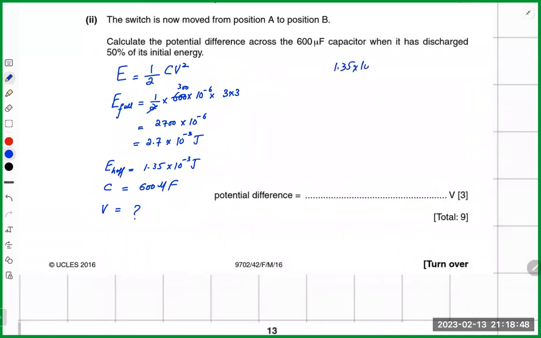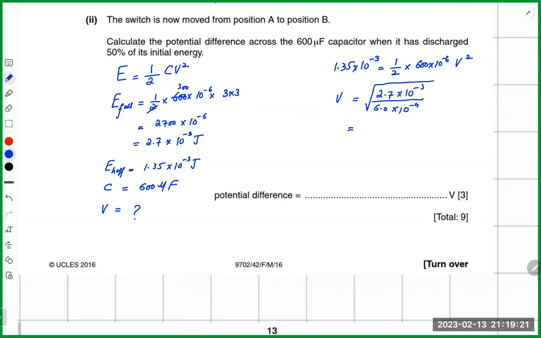Okay. Now, 1.35 into 10 to the power minus 3 equals 1 over 2 into C, which is 600 into 10 to the power minus 6, V square. So V square equals 2.7 into 10 to the power minus 3 divided by 6.0 into 10 to the power minus 4. And if we are finding V, there will be a square root like this.